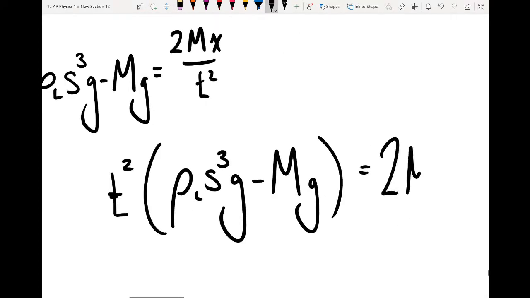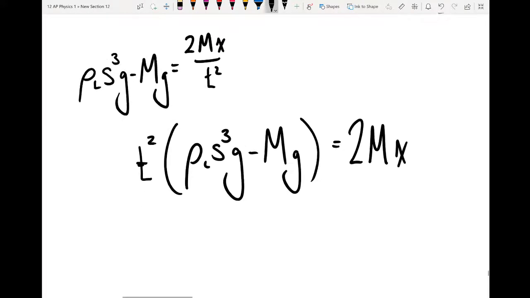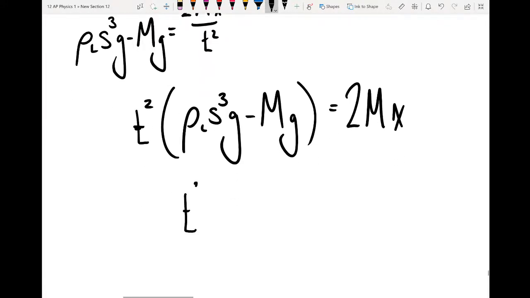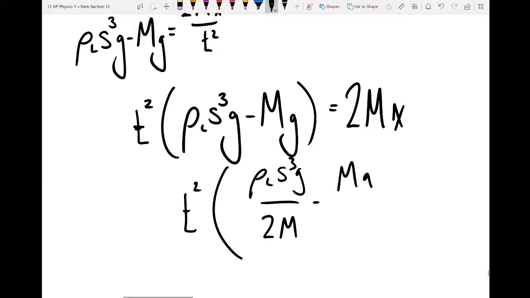Equals 2mx. And then I will say I got t squared. Got 2m minus mg.